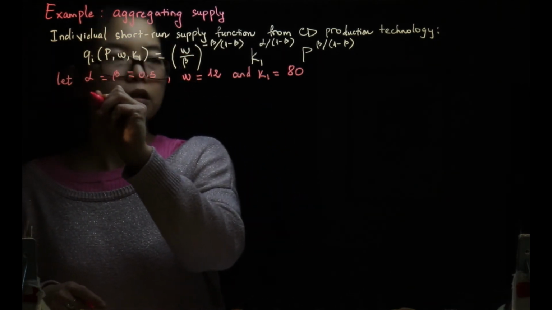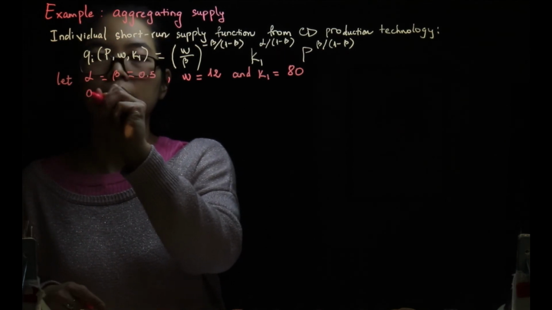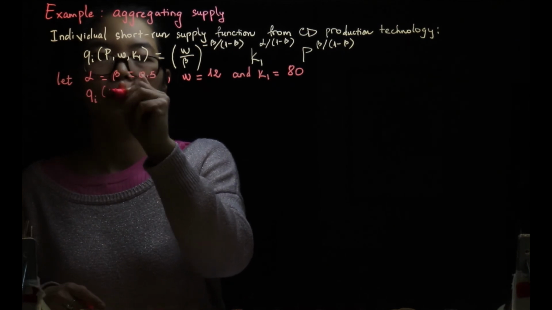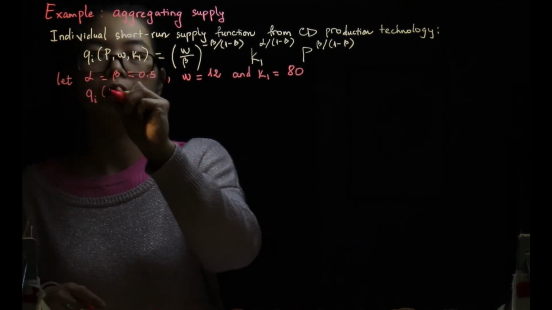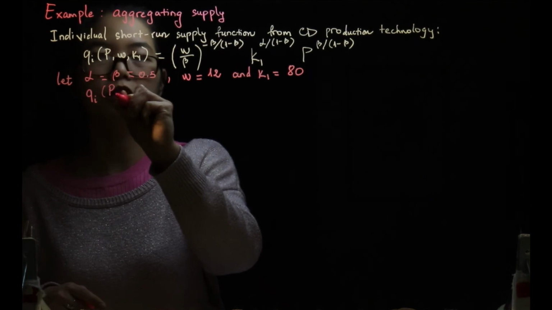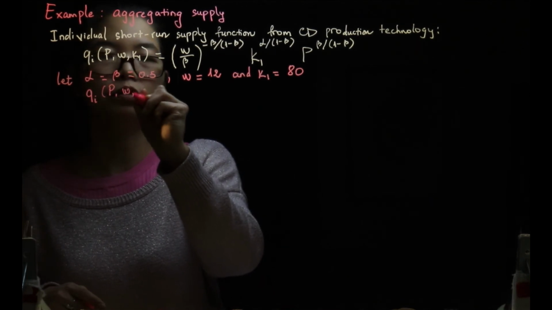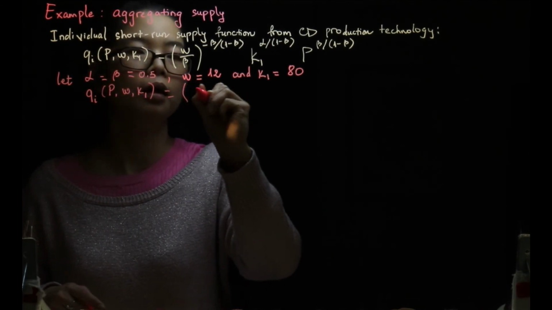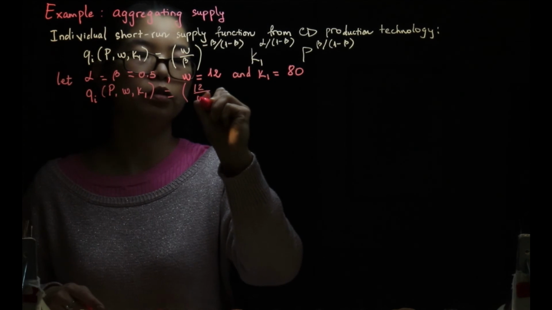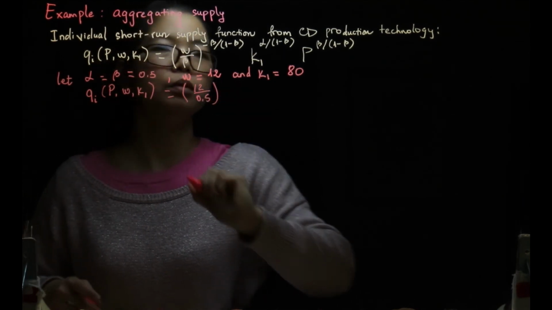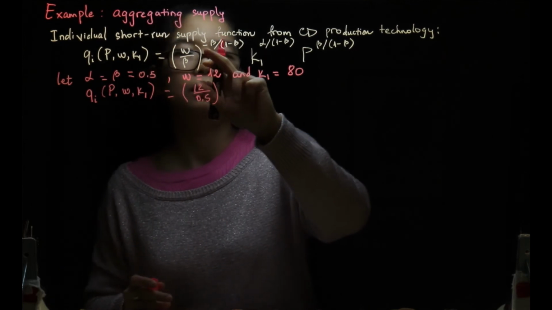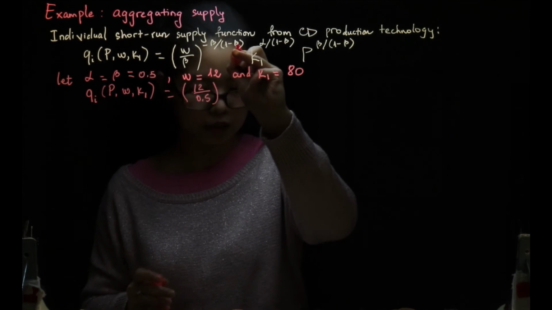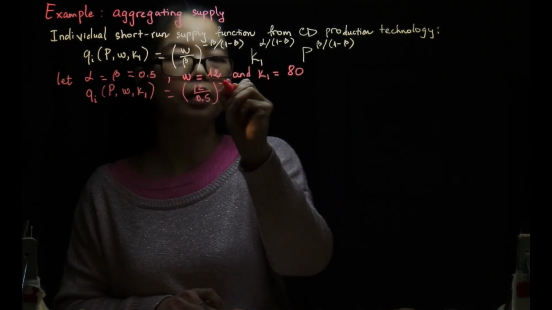Then we substitute these values inside the short-run supply function of each firm. We would have Q as a function of P, W, K1 equals 12 over 0.5, right, to the power of minus 0.5 over 1 minus 0.5.